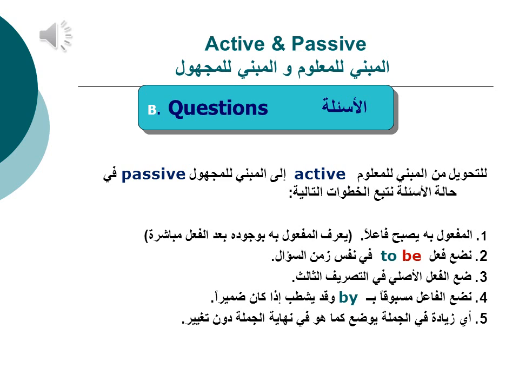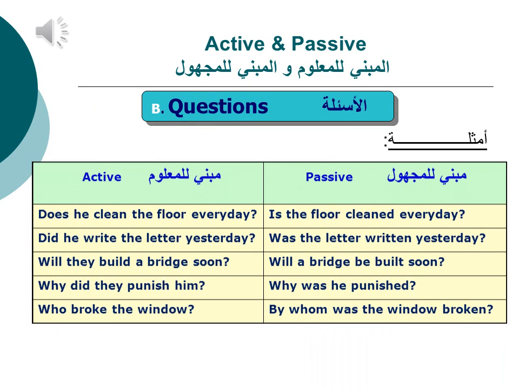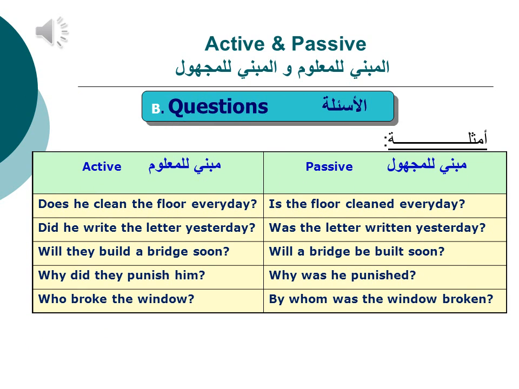Now please read the 5 rules. Now here are some examples of how active questions are changed into passive questions. Notice that in the passive questions, the verb to be comes at the beginning.